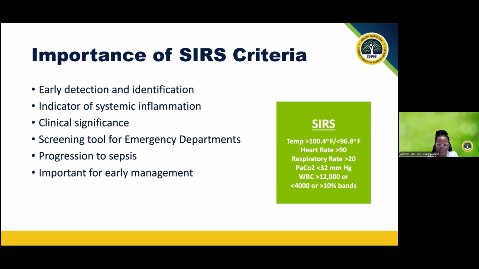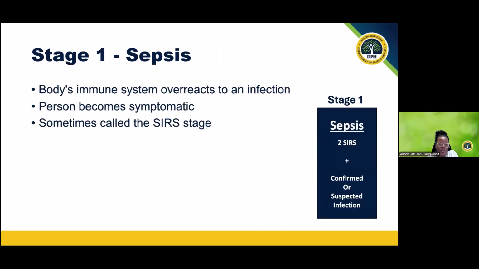To get ahead of this person developing severe sepsis. So in stage 1 sepsis, our body's immune system overreacts to that infection. This stage is characterized by the body's overreaction, leading to a widespread inflammatory response.